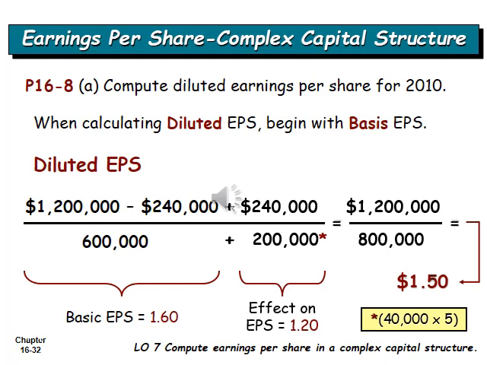We removed the effect of the preferred dividends by adding back the preferred dividends. We subtracted 240,000 in basic earning per share, so we added it back, and this removes the effect of converting the preferred stock into common stock. So the diluted earning per share in this case will be 1.5.